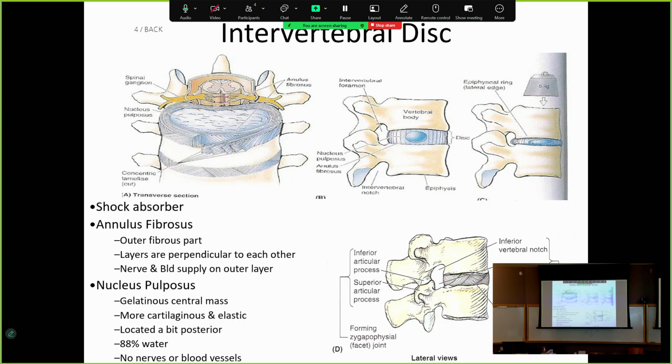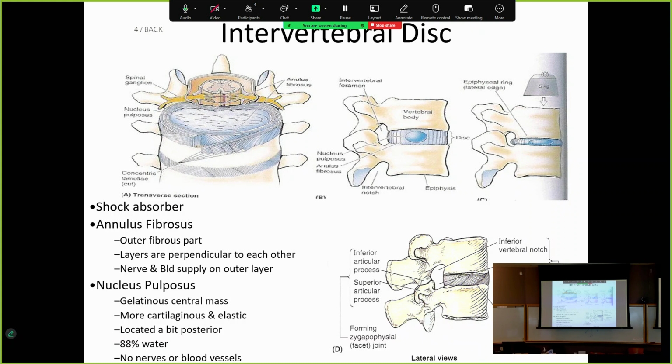Now, why do we have both? I understand the nucleus pulposus. A big role of those discs is when I load my vertebral column and two vertebrae would want to bang into each other bone on bone, that thing serves as a shock absorber, like putting a big thick Dr. Scholl's insert into your shoe that's nice and foamy. I can step down, feels nice and soft and spongy, right? Same thing. The problem is, without the annulus, basically you have the equivalent of a jelly donut between the two vertebrae.